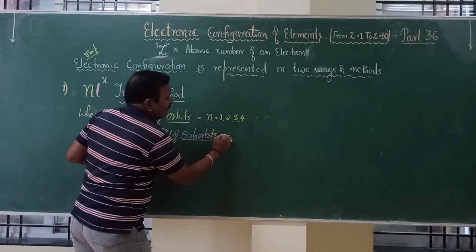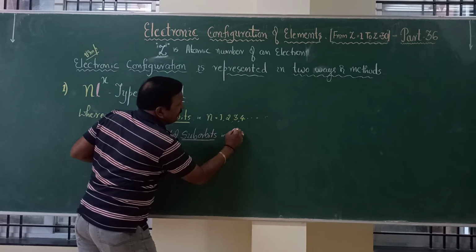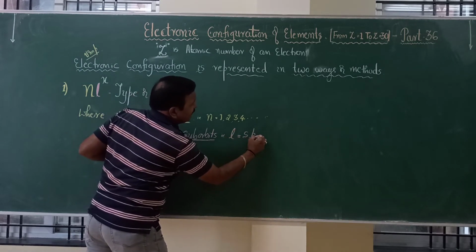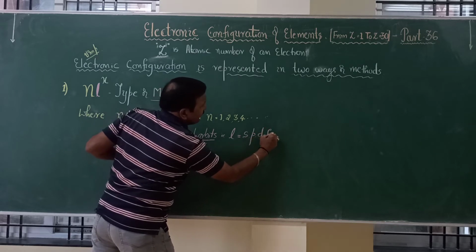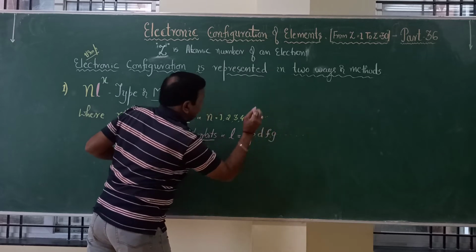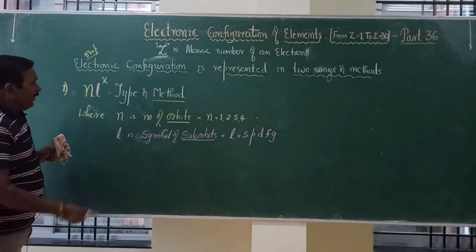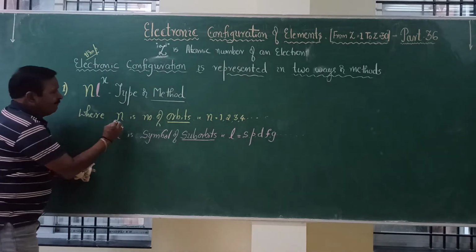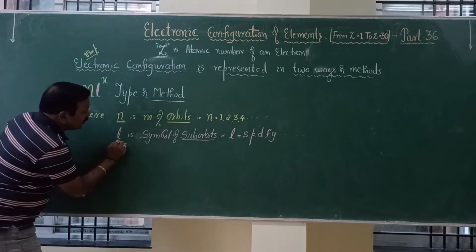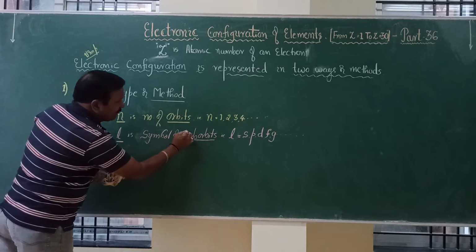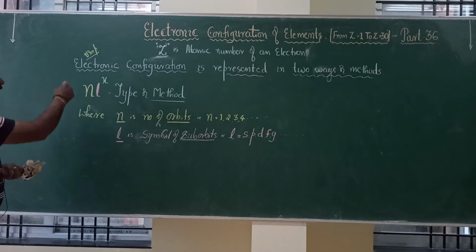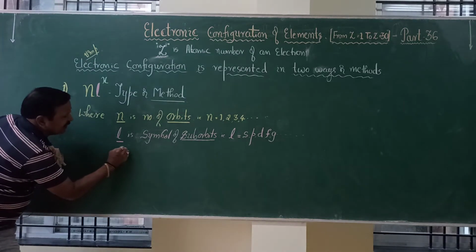That is, L will be equal to S, P, D, F, G, etc. So N will show the number of orbit, L will show the symbol of suborbits, S, P, D, F, G, and your X is important for us.